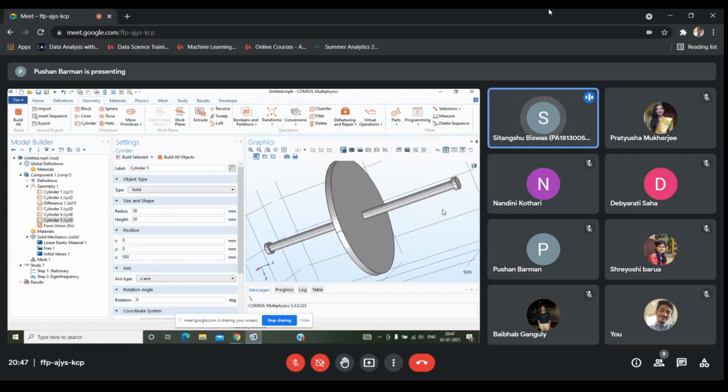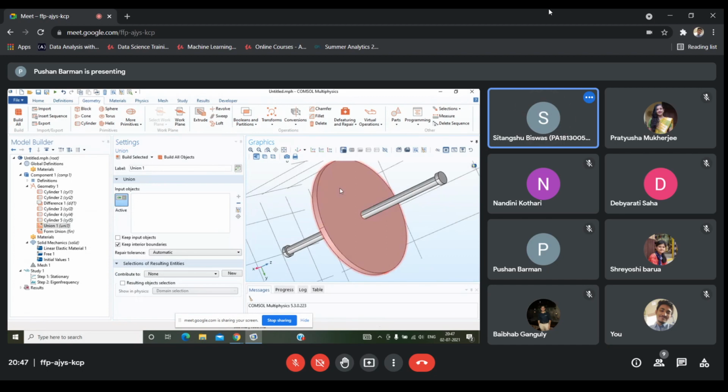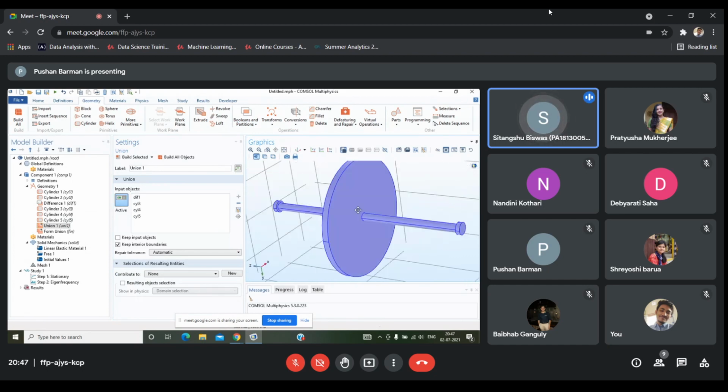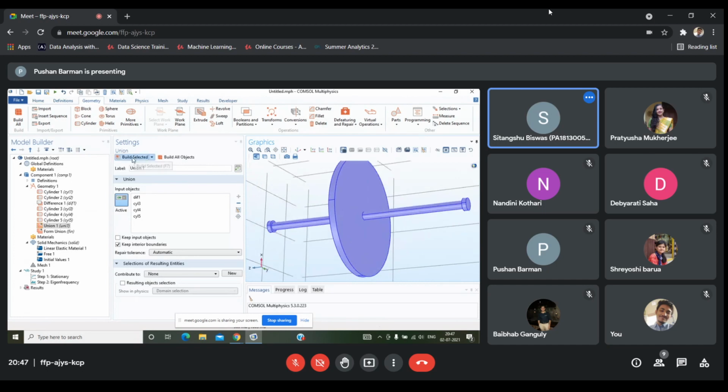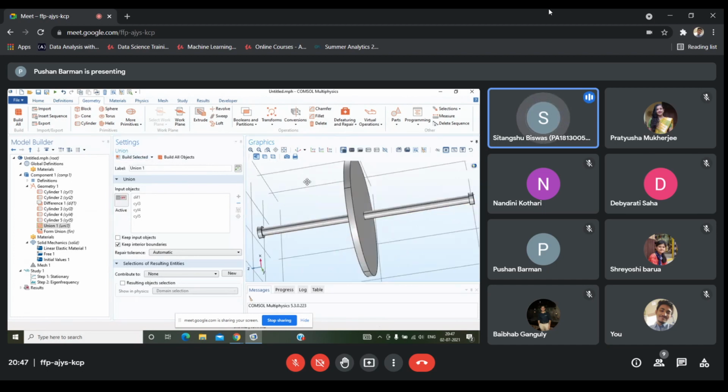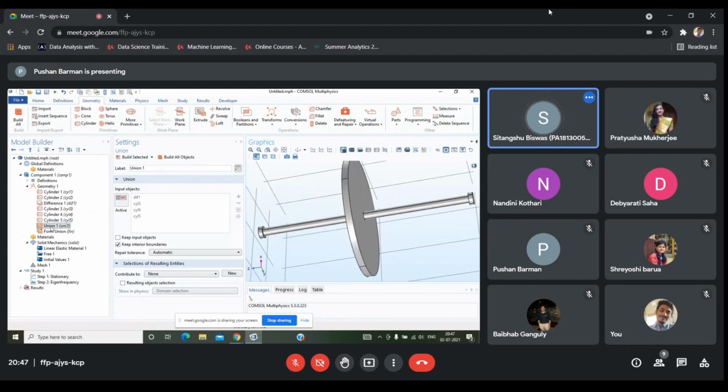Okay. Now make all the things as union. You go to union, select all the components. Okay, over. Now you add some material there.